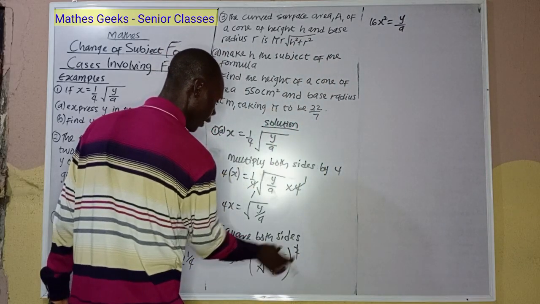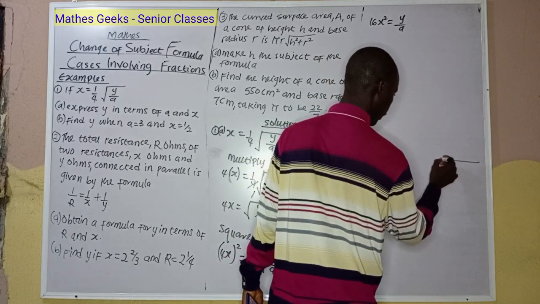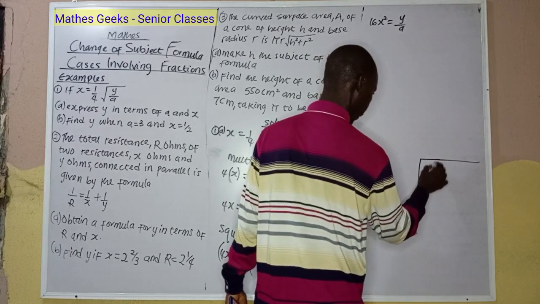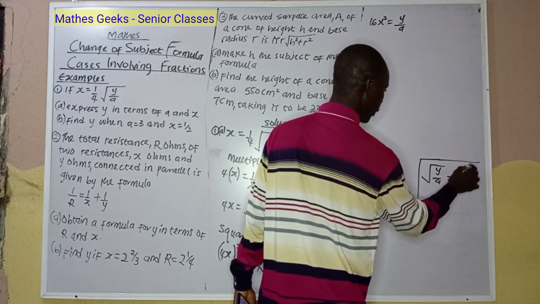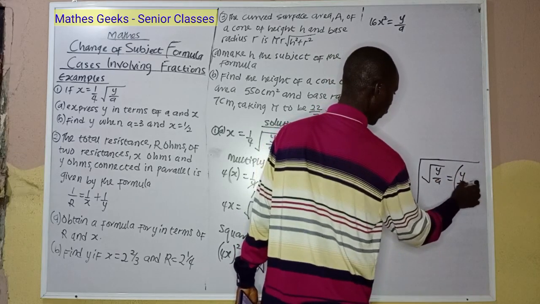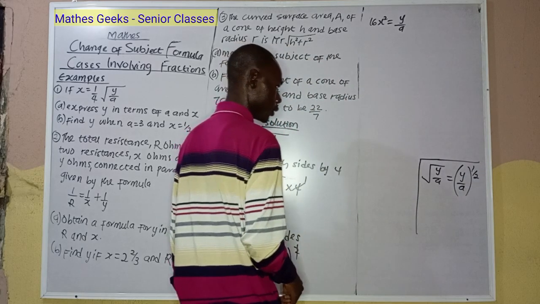The reason behind this is because from indices, let me draw a box here. If I have the square root of y over a, from indices you can write it as y over a to the power 1 over 2.